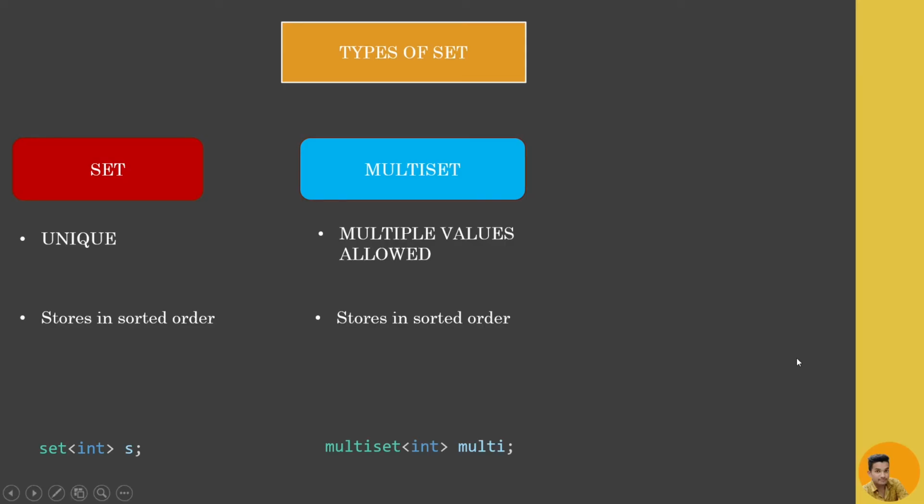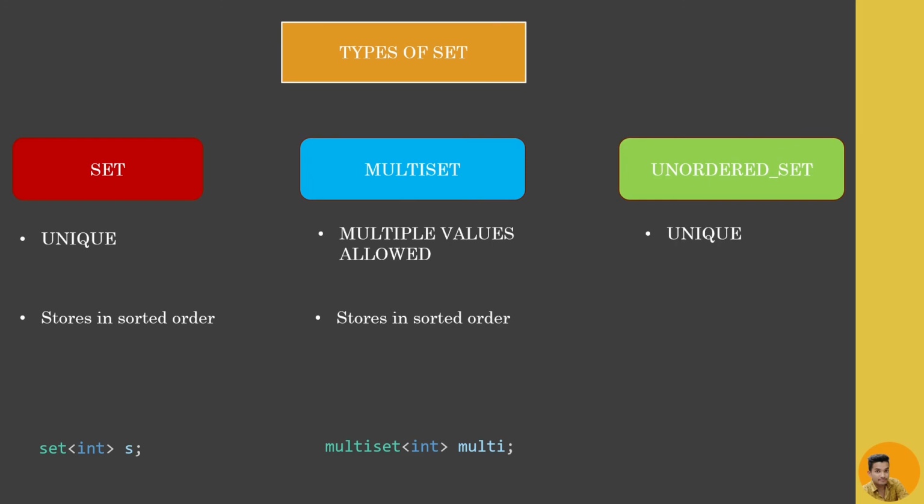Now there is one more, the last one, unordered set, and it is going to store unique values. That means there will be no duplicate elements present. Then it is going to store in any order, there is no specific order, it generally depends on the machine.